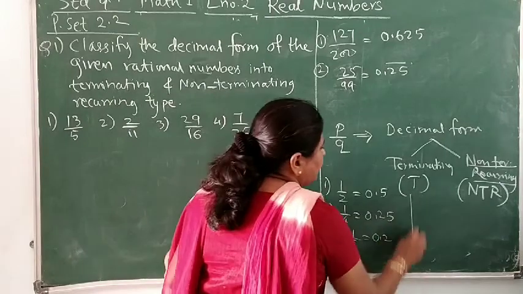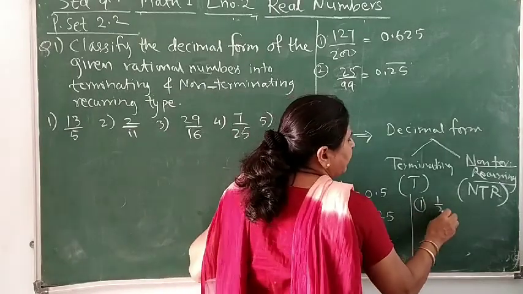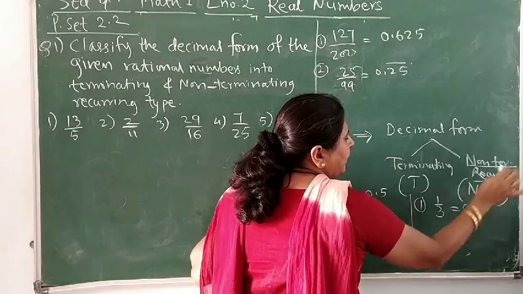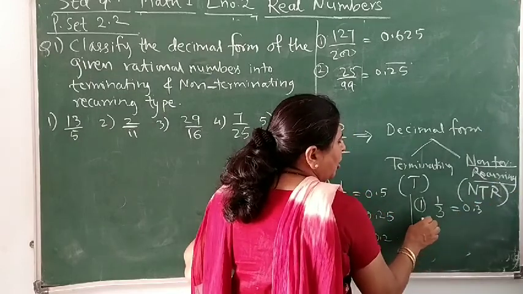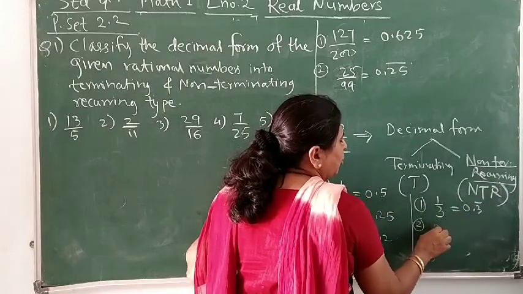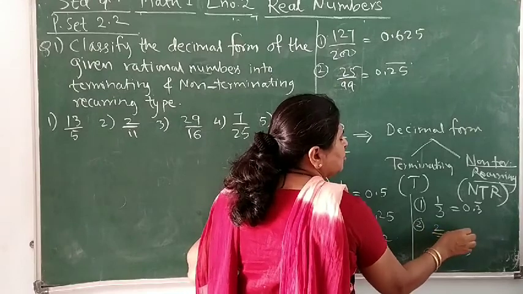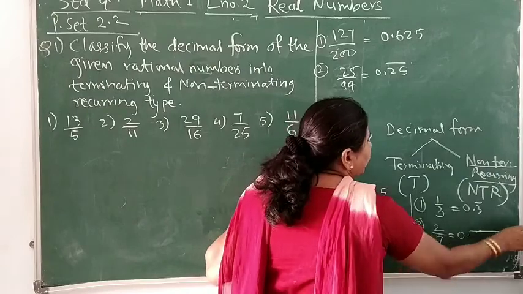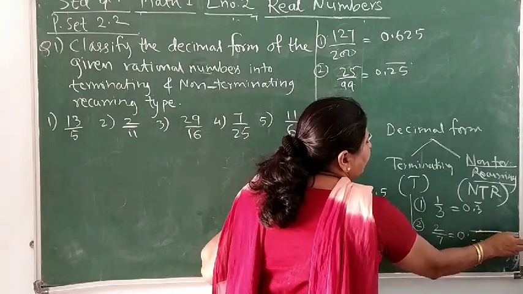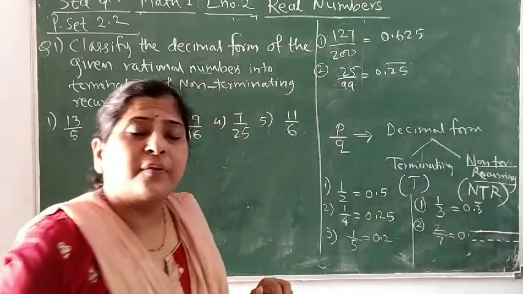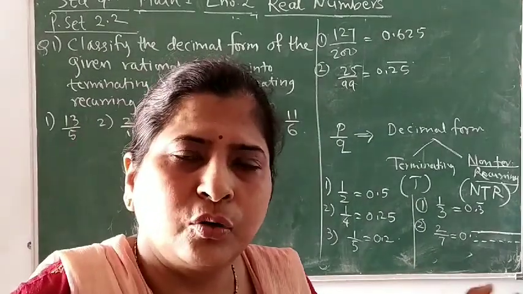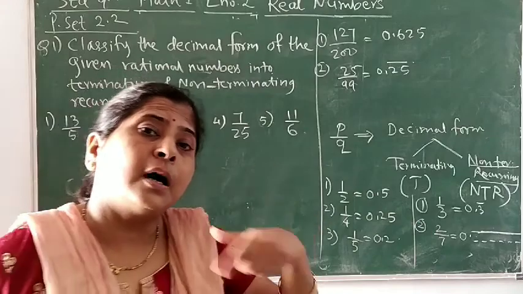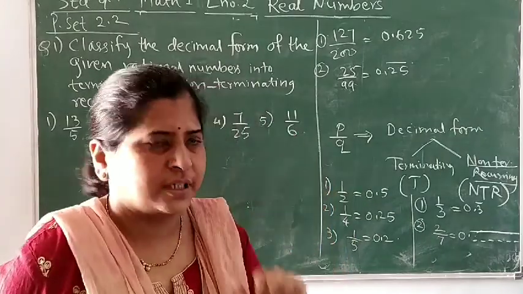And if we have 1 upon 3, dividing 1 into 3 equal parts, it is 0.3333 recurring, that is non-terminating recurring. Or 2 upon 7, then also you will get recurring digits. How many digits? 1, 2, 3, 4, 5, 6. When the denominator is 7, you must have seen while solving one of the sums from question number 2 that 6 digits come again and again. You get a group of 6 digits.